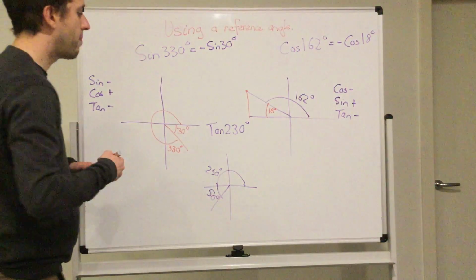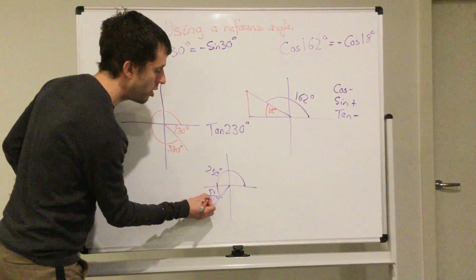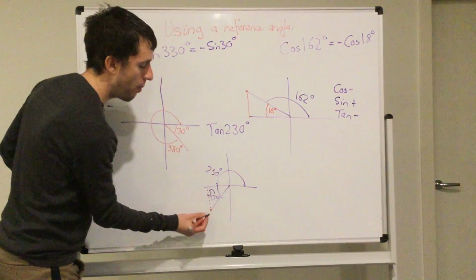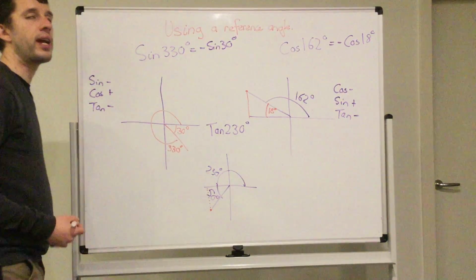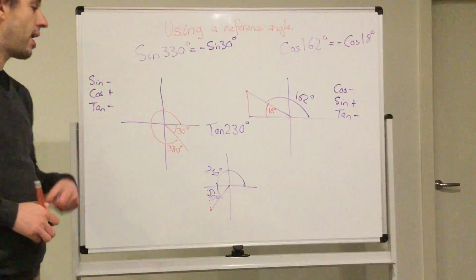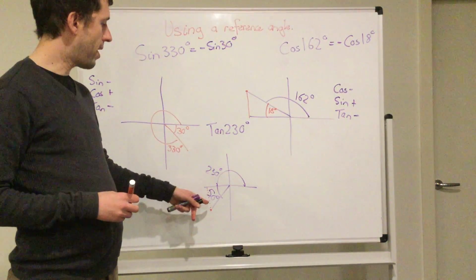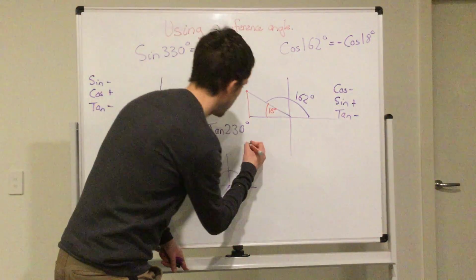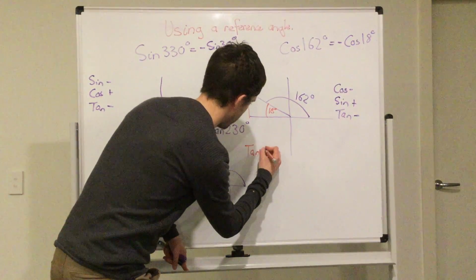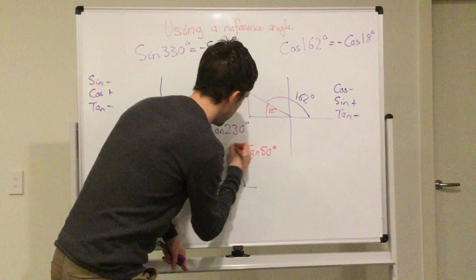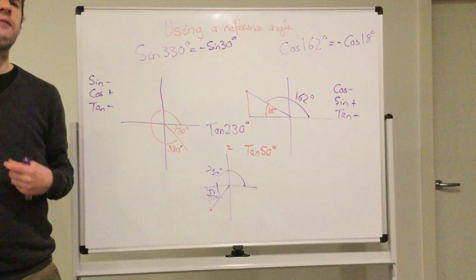Remember, when we're thinking about it, we go from our point on the circle to the x-axis, and that turns into the triangle that we look at. So if I'm thinking about tan 230, that's the same as me saying tan 50 degrees. But we need to understand if it's positive or negative.